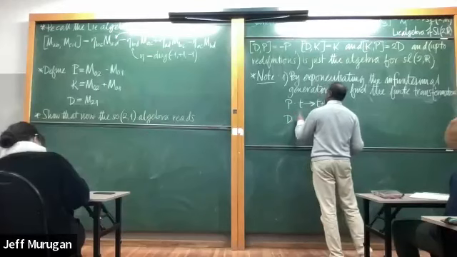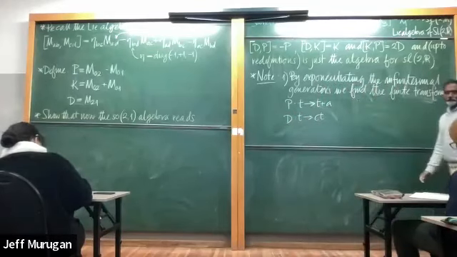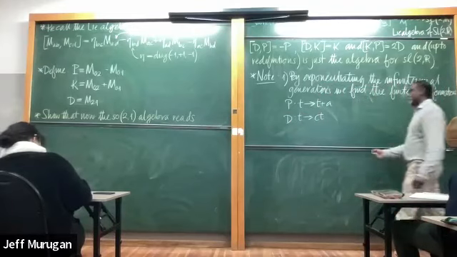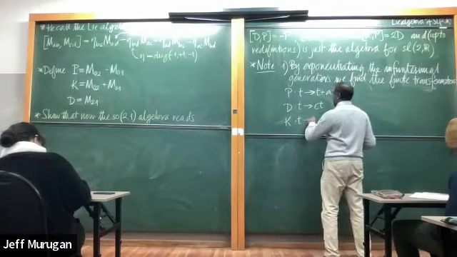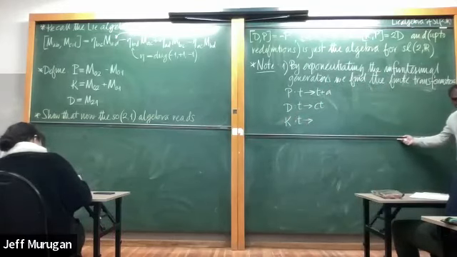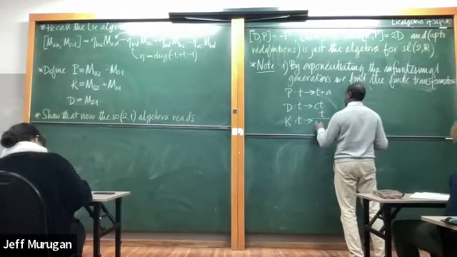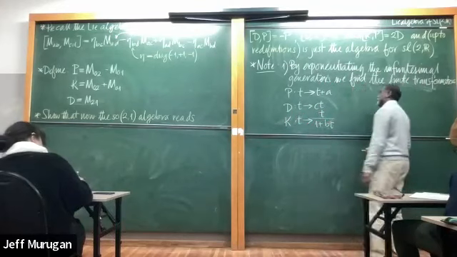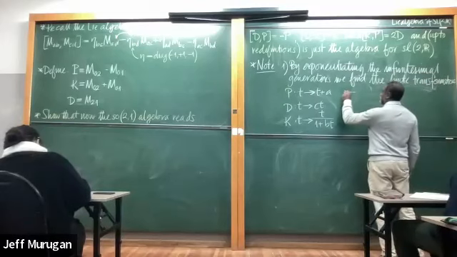D takes T to some constant times T. And K takes T to T over 1 plus BT. So clearly, you can see that P corresponds to time translations, just moving forward, shifting in time.